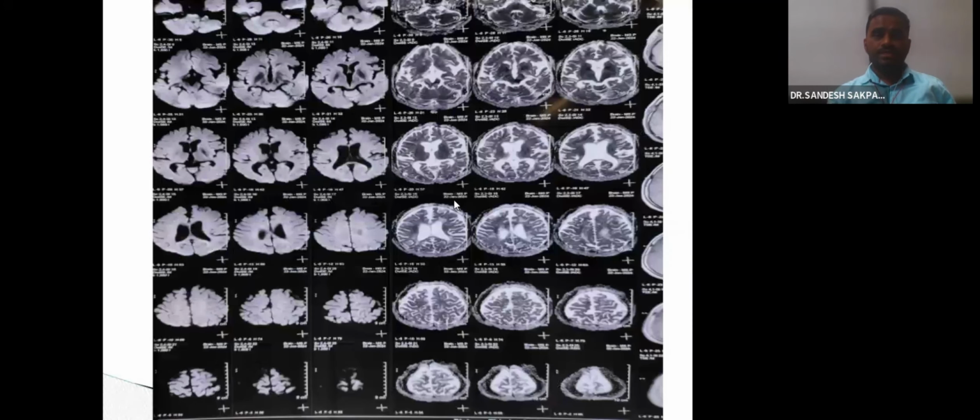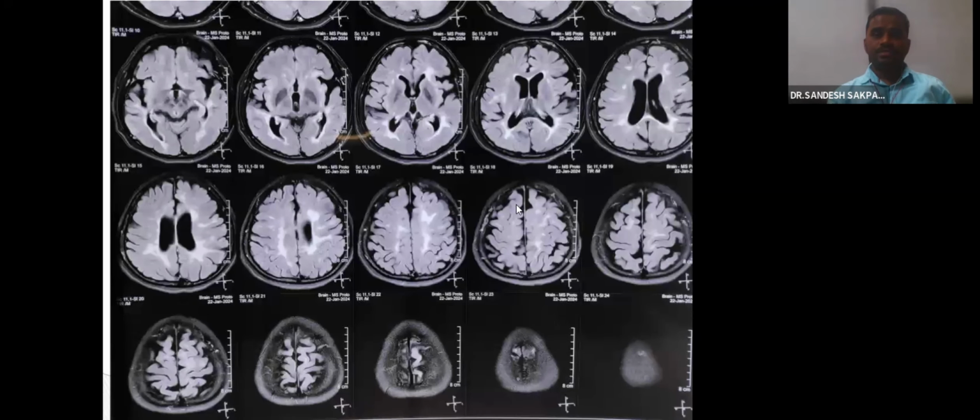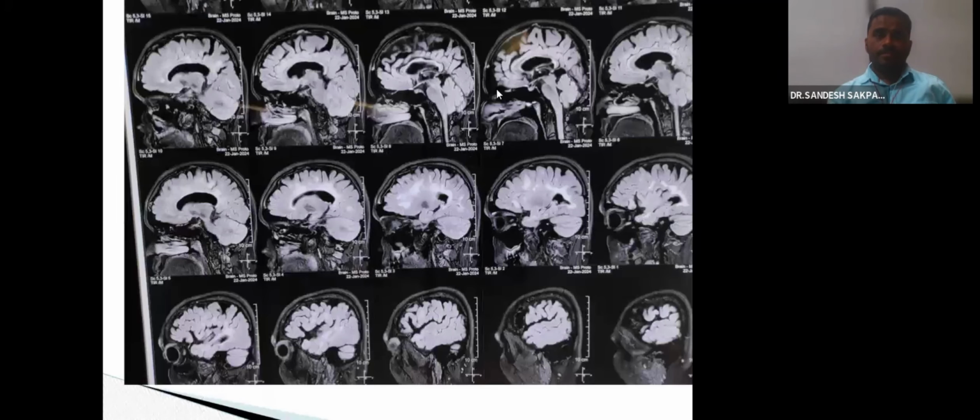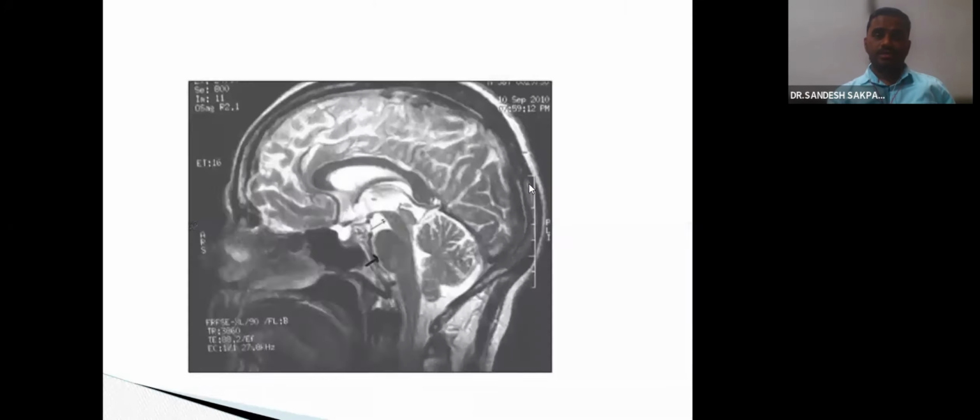Here we can see the different plaques at different levels. This is a T2 weighted image. This is a T1 weighted image, where we can see the brain. These are the frontal lobe images, where we can see the hyperintense structures here.